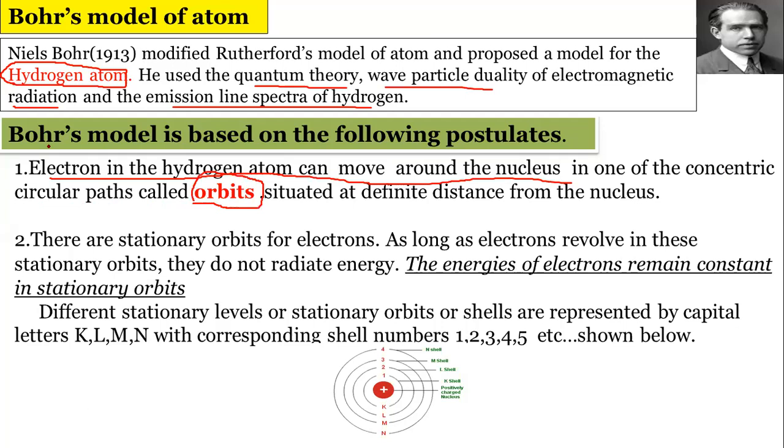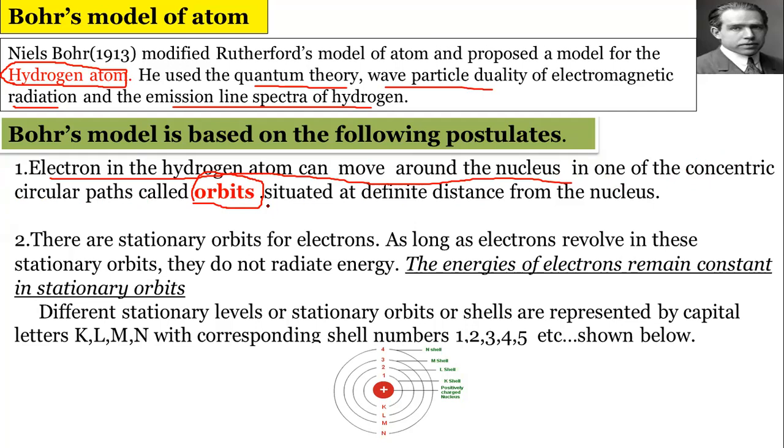But Rutherford failed to explain the exact position of the electron around the nucleus. This drawback is cleared by Niels Bohr. Bohr says there is only one electron in the hydrogen atom, moving around the nucleus in one of the concentric circular paths, and there will be many concentric paths.